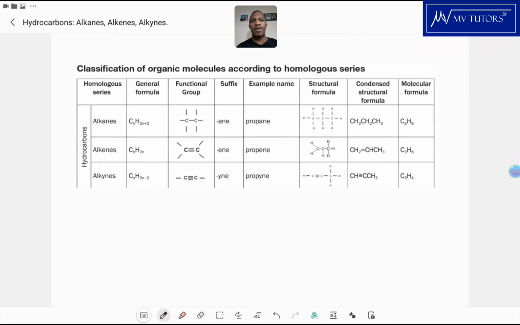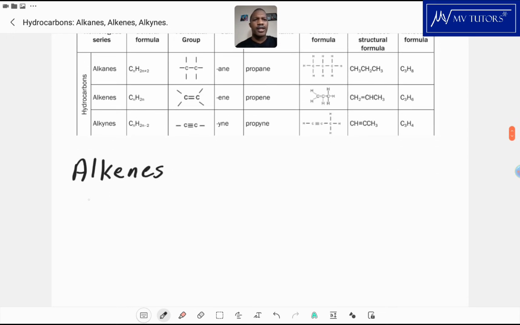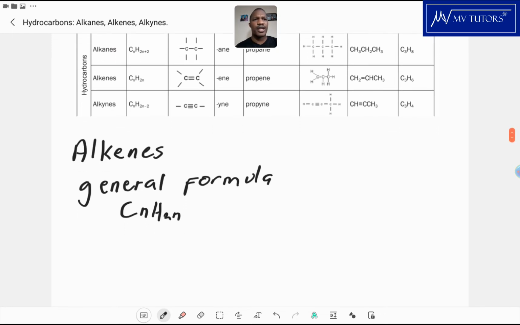Okay, let's now talk about the second hydrocarbon, which is alkenes. It has a general formula of CnH2n. Okay, we'll use it later.